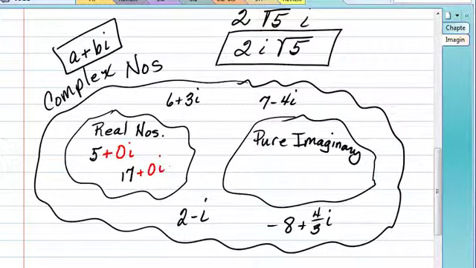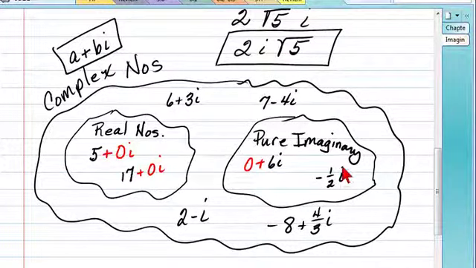Imaginary numbers. 6i, that's an imaginary number. What's its real piece? It is 0. It is 0 plus 6i. If I had the imaginary number negative 1/2 i, what's its real part? 0.